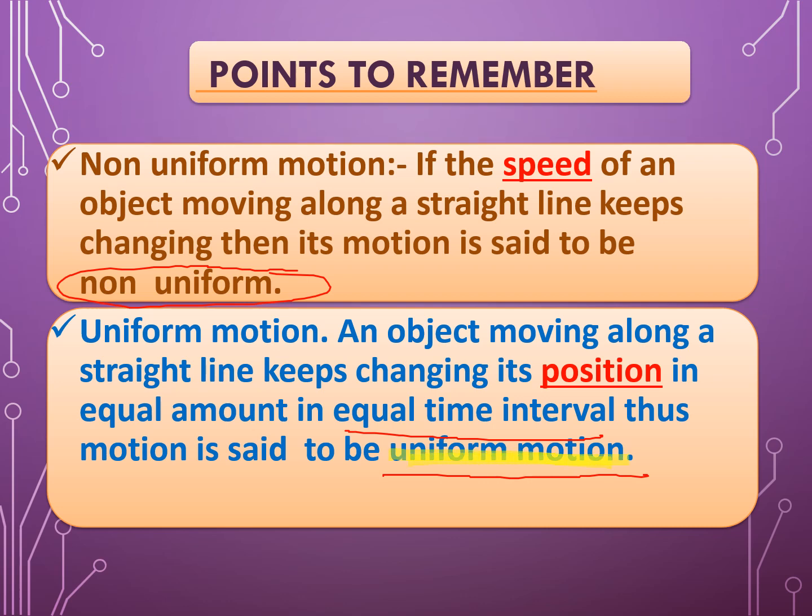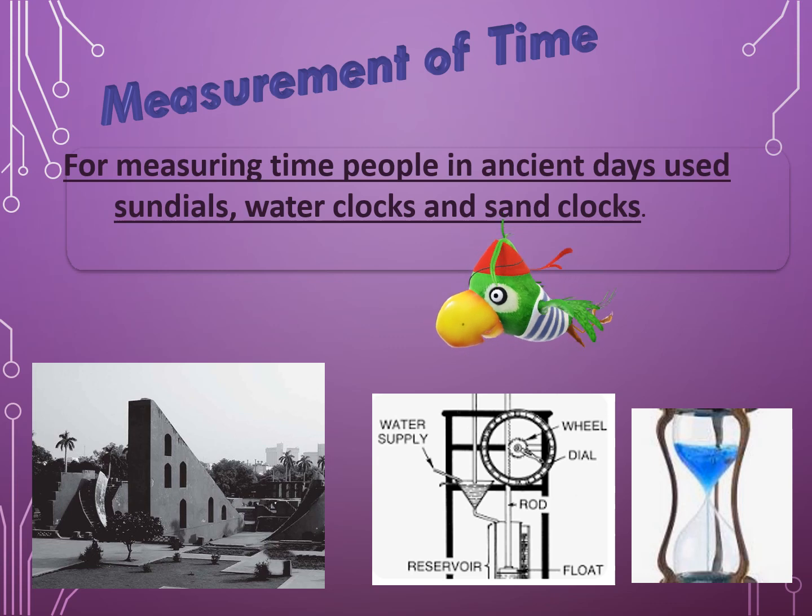So there are two clear divisions, one non-uniform and another uniform. Just remember these two simple points.